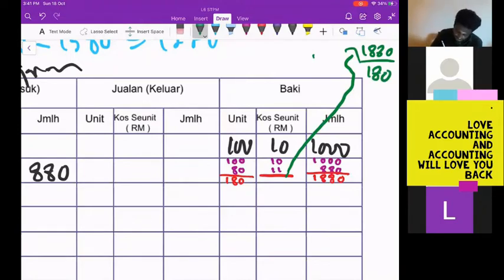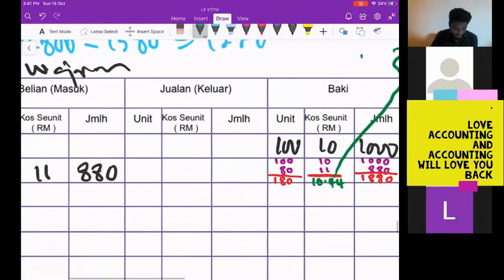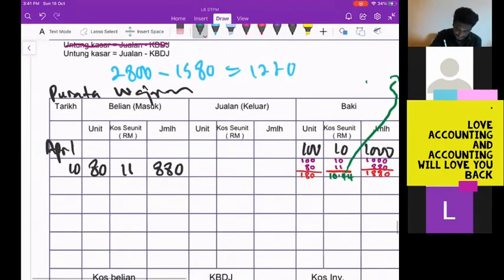I get 10.44, 10 ringgit 44 cent. Understand? Yes, sir. Okay, very good. Then next one, what happened? Next one, kita jual.